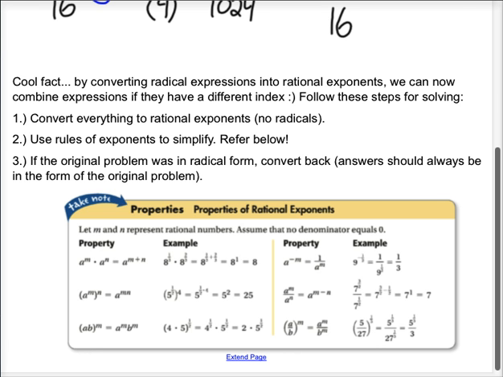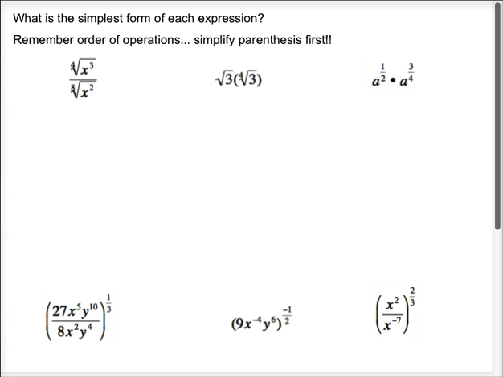So let's take a look at what I mean by all this. What is the simplest form of each expression? Remember order of operations, you're going to want to simplify parentheses first. All right, so looking at this first one, remember, my first goal is I want to convert everything into a rational exponent first. So the fourth root of x cubed.